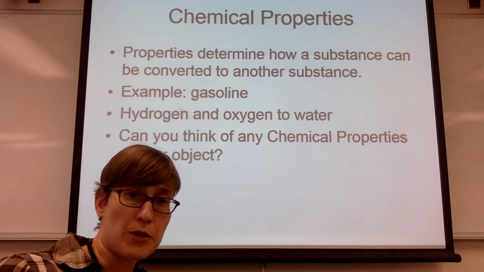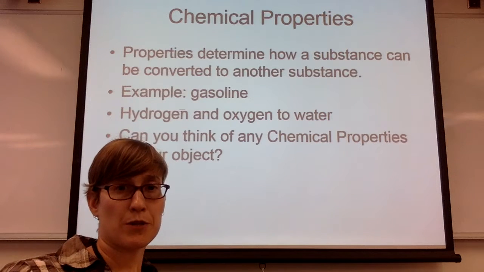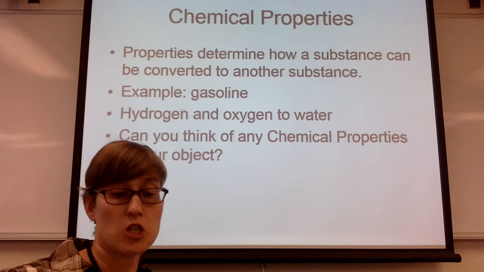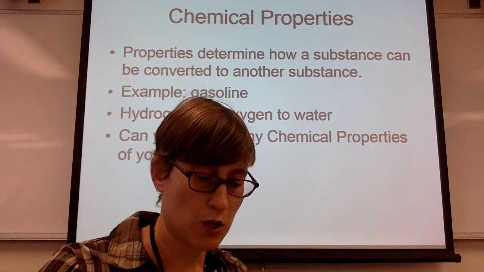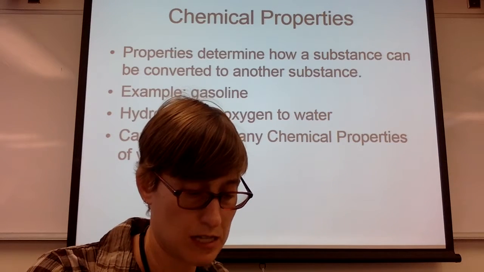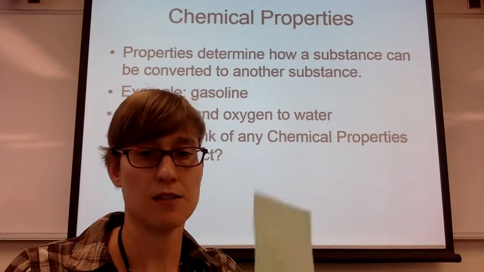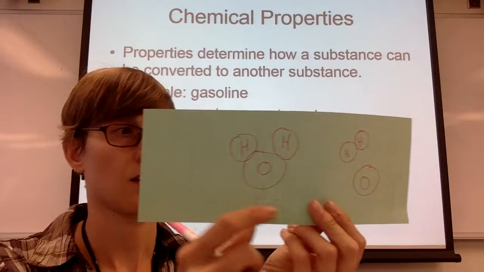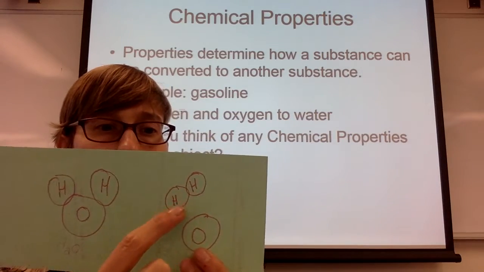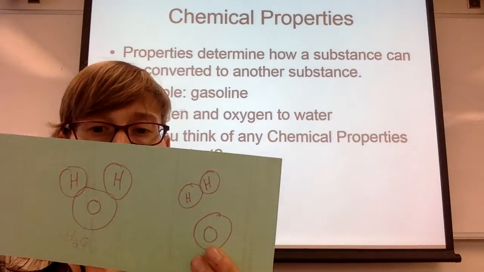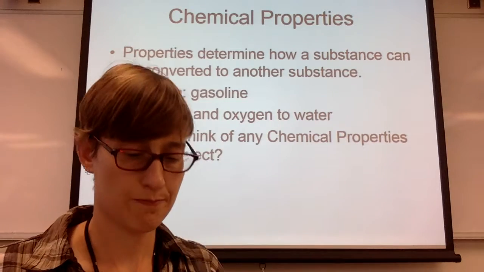But a chemical property is different. A chemical property determines how one substance can change into something else. So with our water example, it's possible to make water break apart into two different pieces, right? Where my hydrogen are separate and my oxygen. It no longer has this chemical formula.